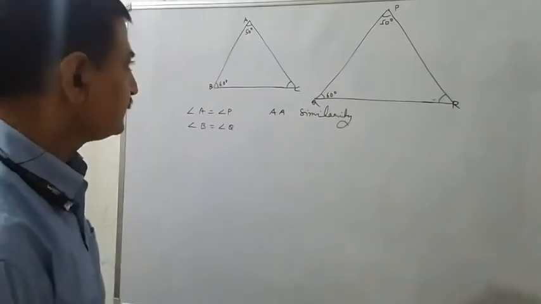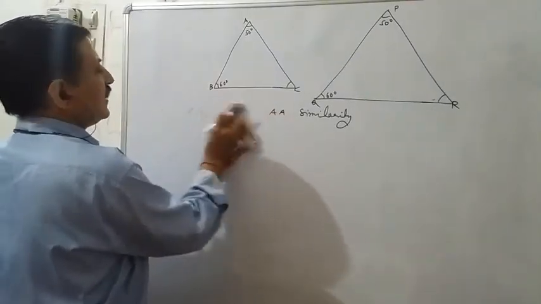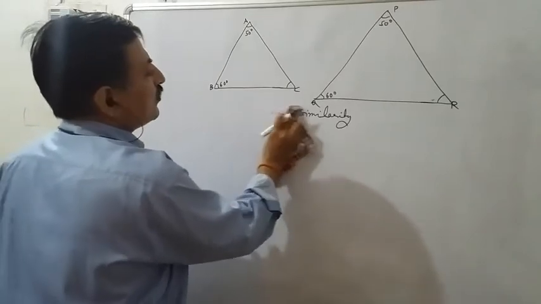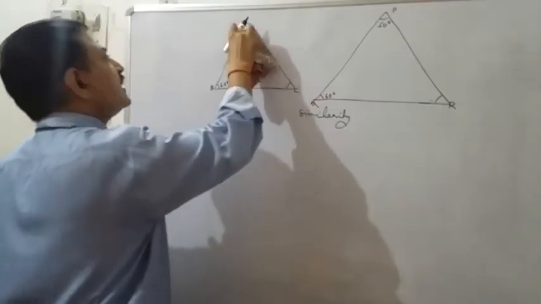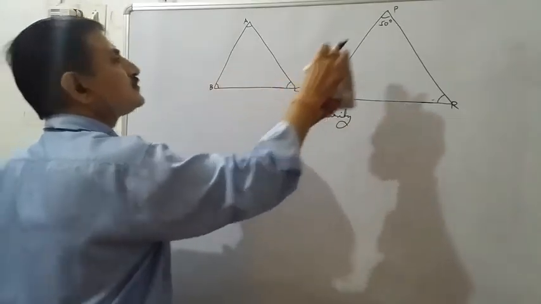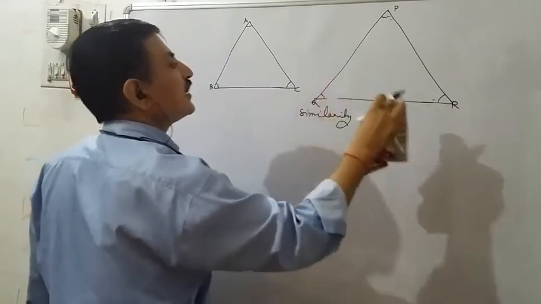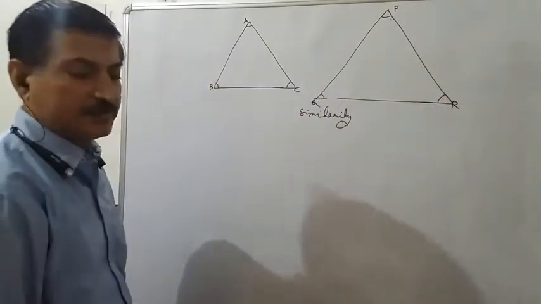Now the next is SSS similarity. What is SSS similarity? In this similarity, the angles are not given. Only the sides are given.